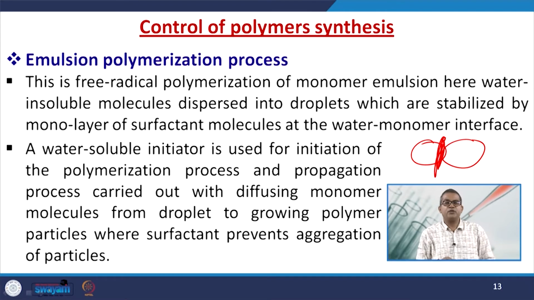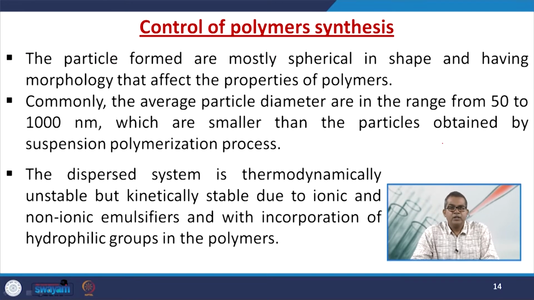So surfactant usually offers resistance to any kind of aggregation. It forms a thin film over the surface of the droplets, so that they cannot accumulate on each other, so that you can control the particle size. So this is again a very important aspect in addressing such kind of issue.